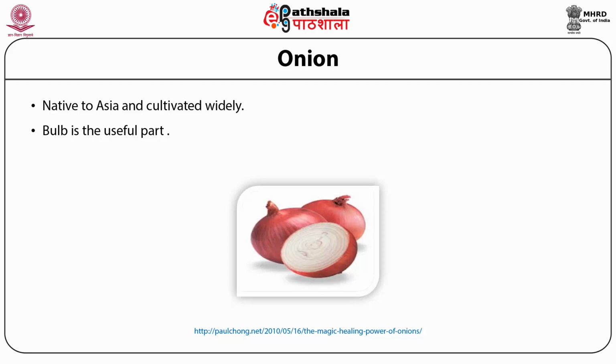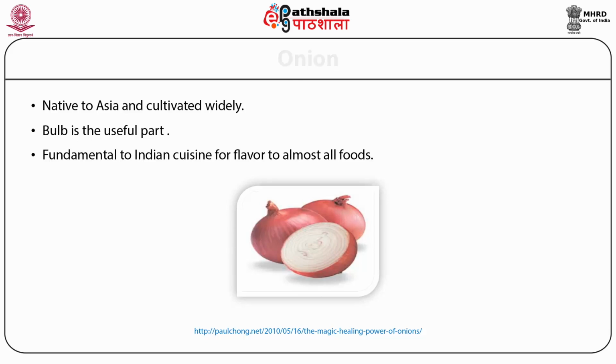Culinary uses include being fundamental to Indian cuisine for flavor in almost all foods except desserts. Use fresh as a base to add spices in curries, vegetables, meat, fish and rice.